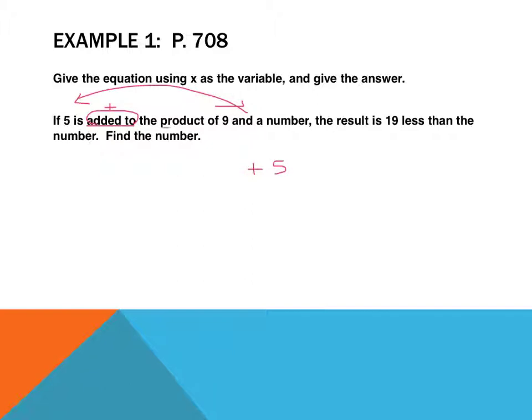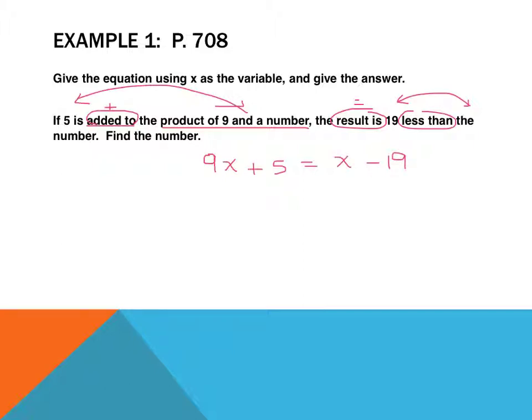The product of 9 and a number means 9 times the number x. The result is, that's your equal sign, 19 less than is another one of the keywords that switches. So something minus 19, then the number. So we're going to label the number x.